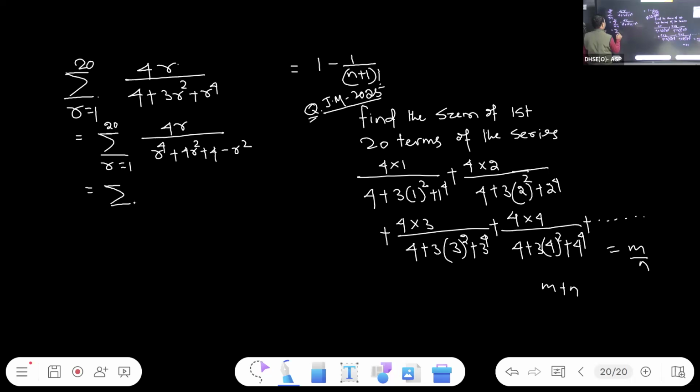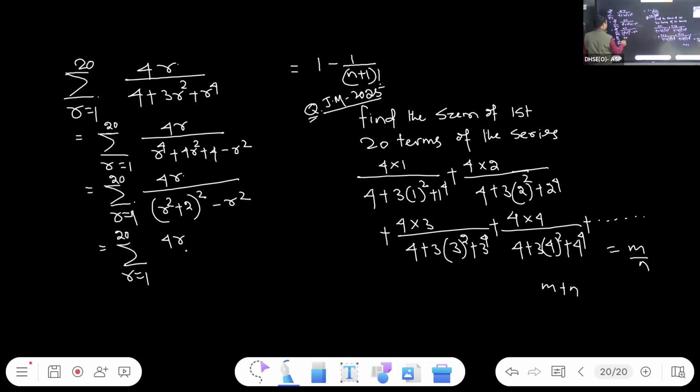This is equal to sigma r is equal to 1 to 20, 4r upon r square plus 2 whole square minus r square. This is equal to sigma, 4r upon a square minus b square, a plus b into a minus b, that is r square plus r plus 2 into r square minus r plus 2.